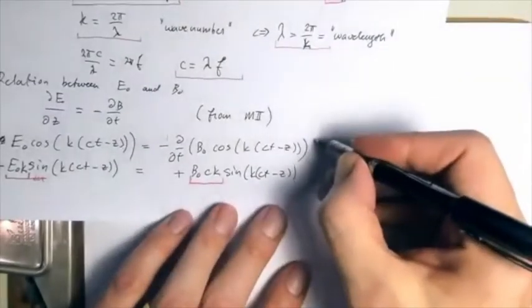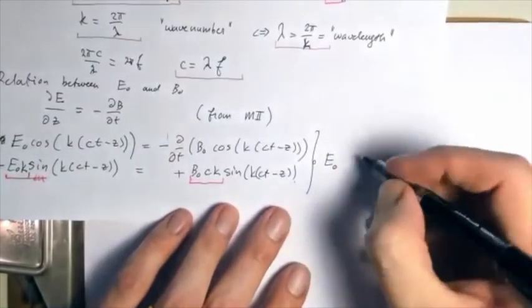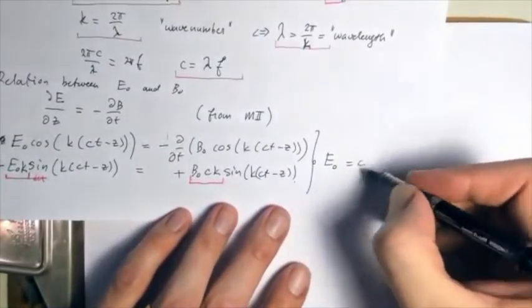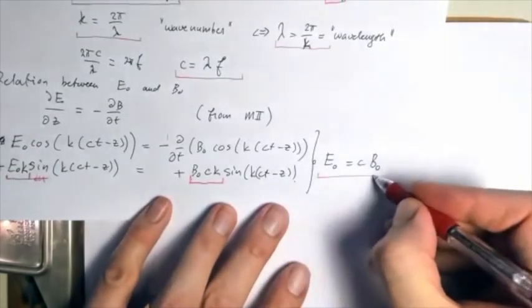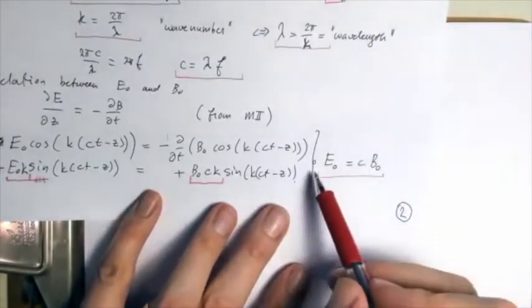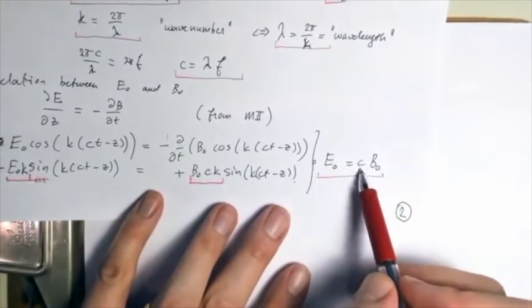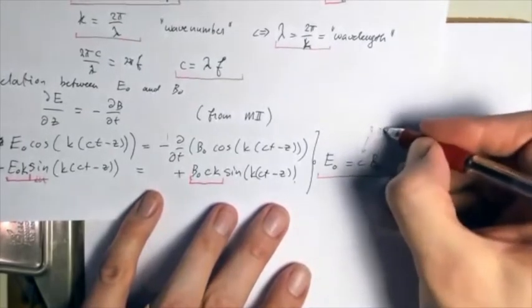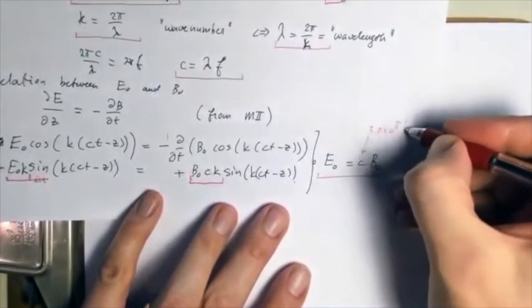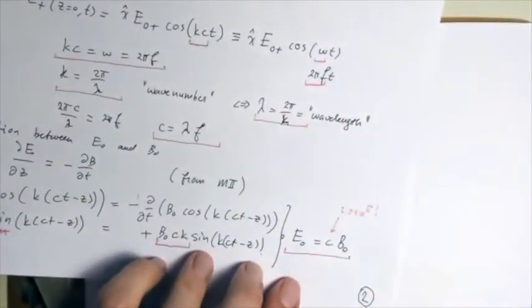And we find that E naught, let's write that here, E naught is c times B naught. So for a given electromagnetic wave, the magnetic field component times the speed of light, that's a massive number, so that is 3 times 10 to the 8, gives you the electric field.